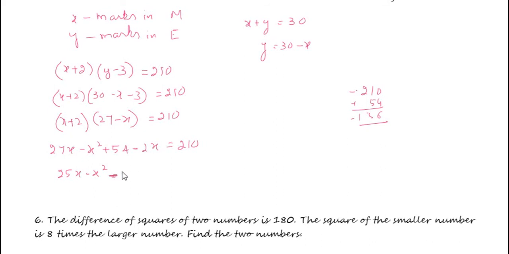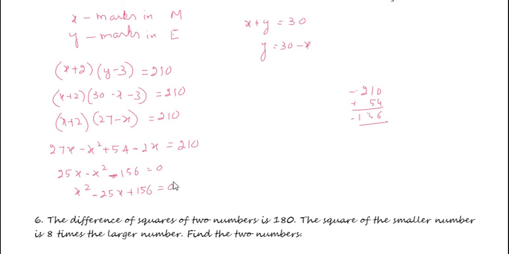So here minus 156 equal to 0. Let me multiply by minus 1 all terms. It becomes x square minus 25x plus 156 is equal to 0.